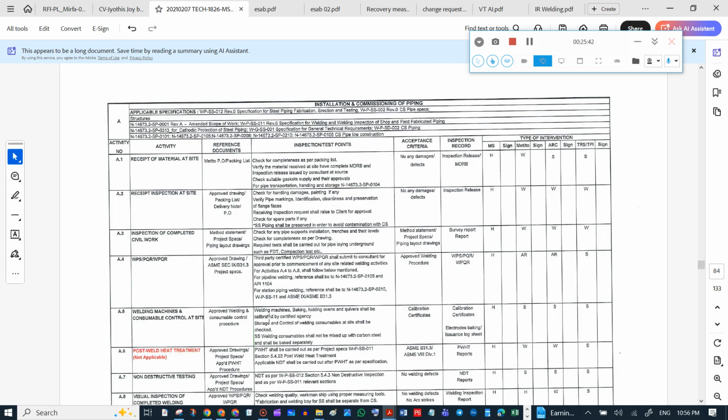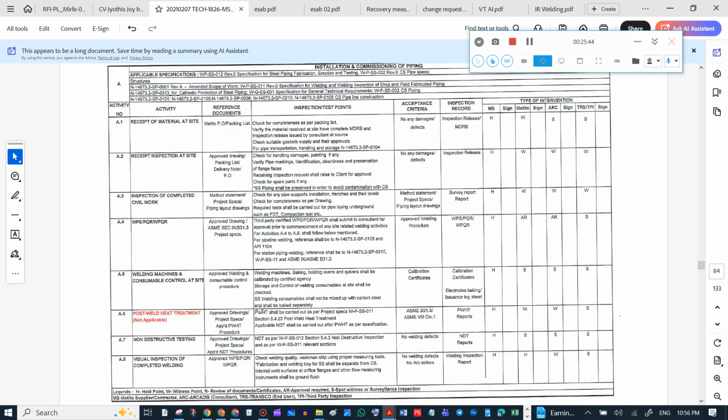Then welding machines need calibration certificates, baking and holding ovens, storage and control of welding consumables. SS welding consumables shall not be mixed with carbon steel.